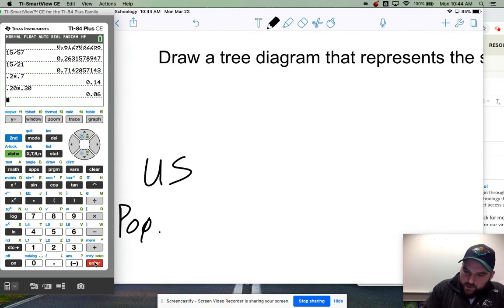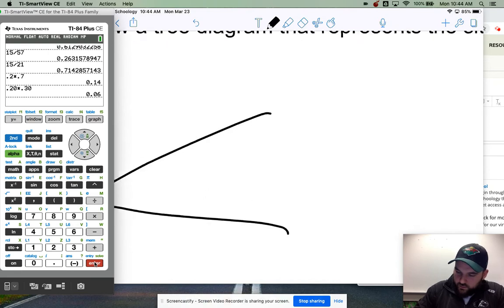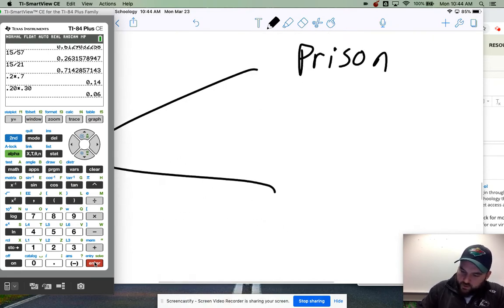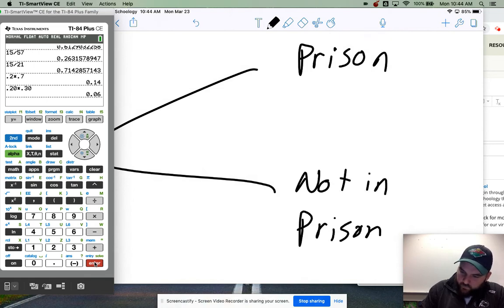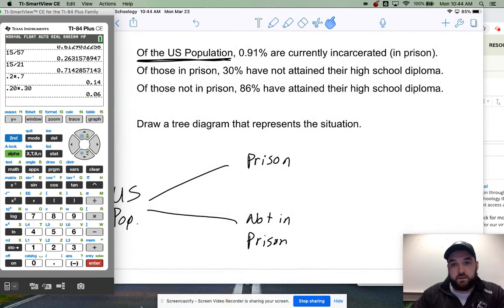Okay. And then I'm taking the entire population of the U.S. and splitting into two categories. Those are in prison, and we have those that are not in prison.